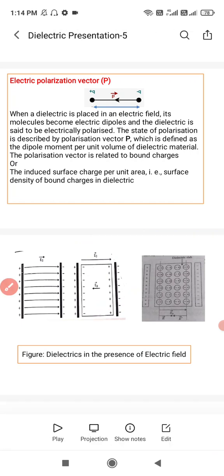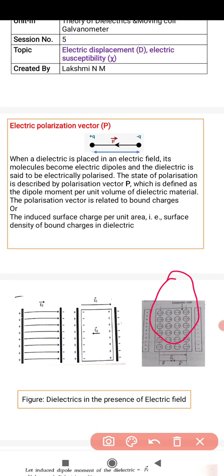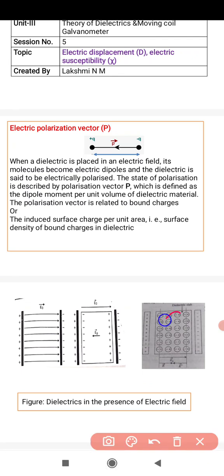In a solid dielectric material, a periodic arrangement of the atoms in three dimensions takes place. That's why all the atoms in the presence of the electric field form dipole moments, which gives polarization. This state of polarization is described by the polarization vector, which is defined as the dipole moment per unit volume of the dielectric material.